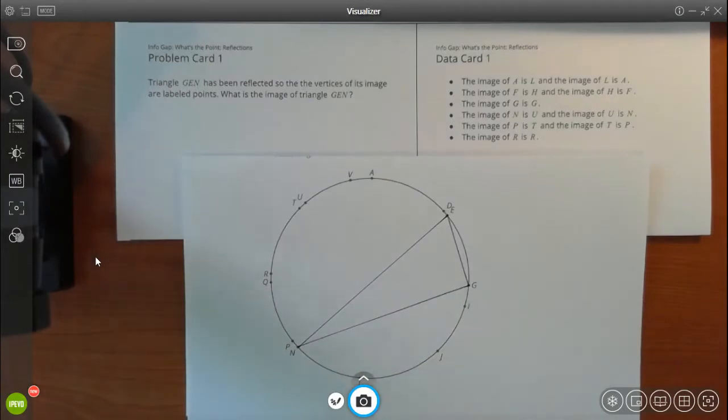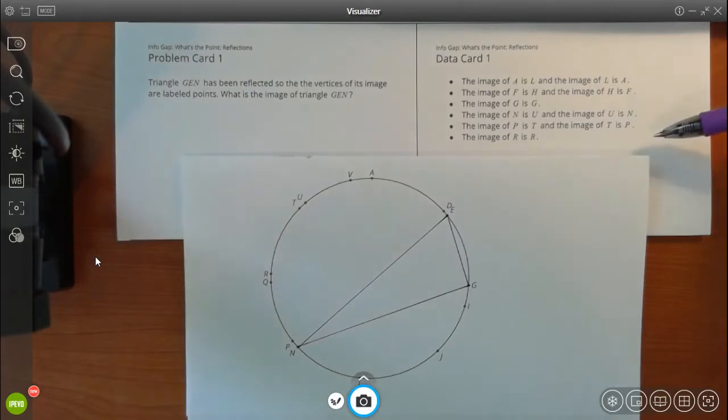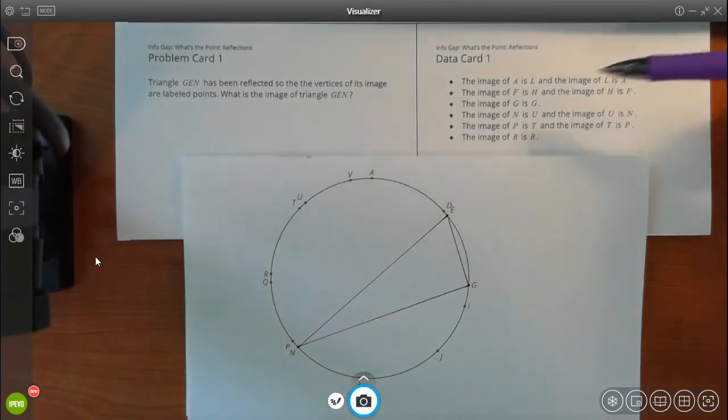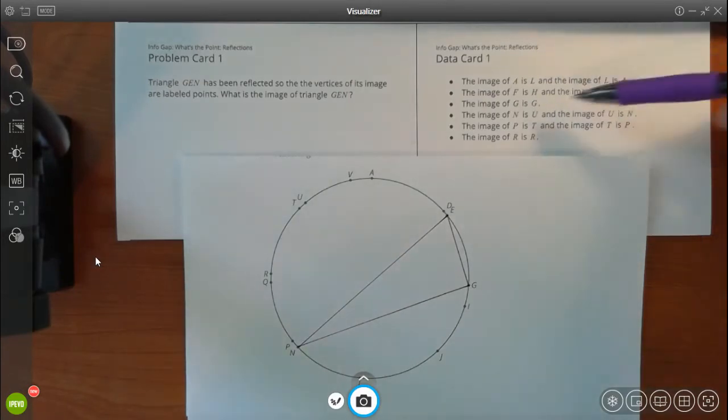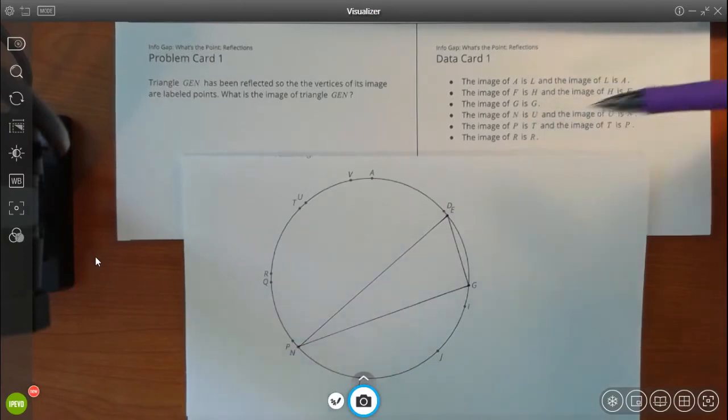So the first thing I would notice is, we look on our data card. We have a lot of different bullet points telling us information. The image of this point is that point, and vice versa. So the two things that jump out to me are that the image of G is G, and the image of R is R. You might remember from the lesson prior to this, when you are reflecting a point across a line and the point is on that line of reflection already, it doesn't go anywhere.